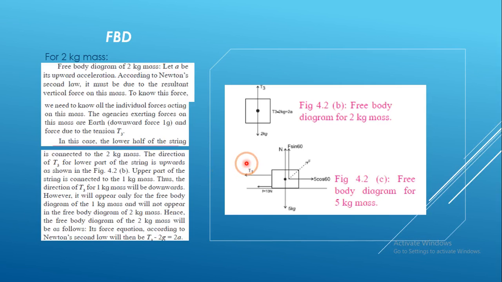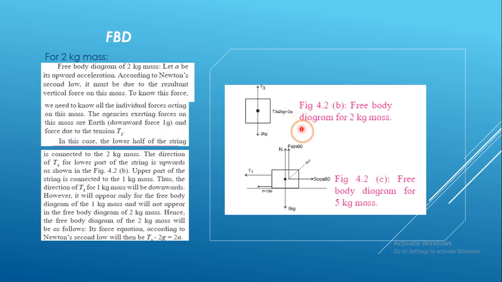The force equation according to Newton's second law of motion for this 2 kg mass will be T3 minus 2g is equal to 2A.